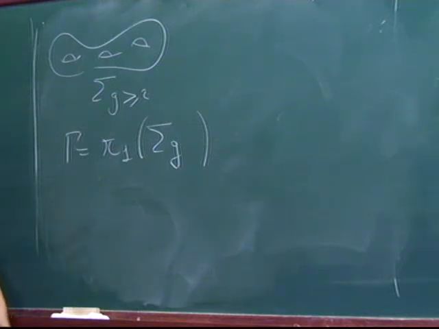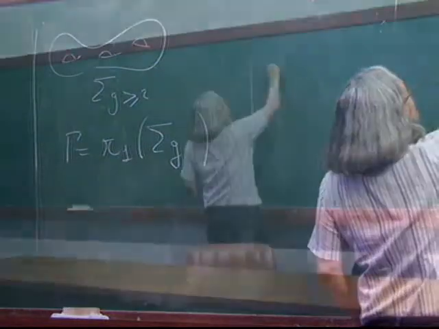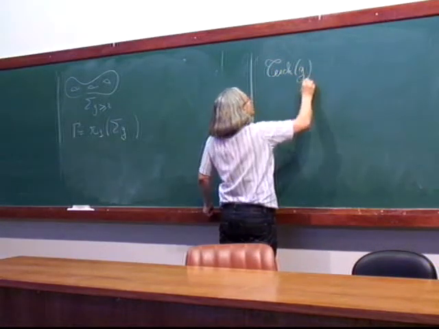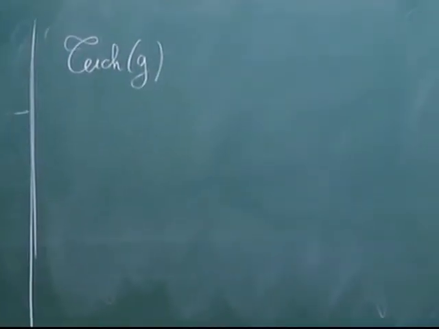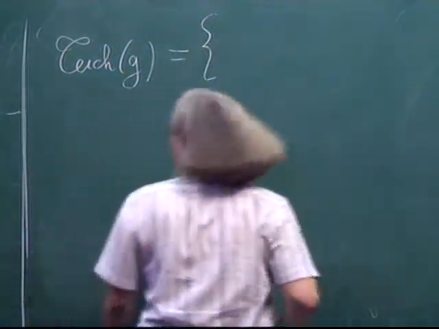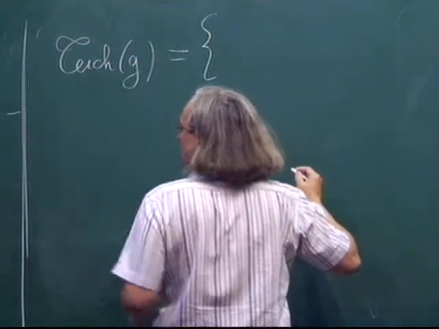And we are going to consider two spaces. The space number one is what we call today Teichmüller space, which is the space of Fuchsian groups isomorphic to gamma.